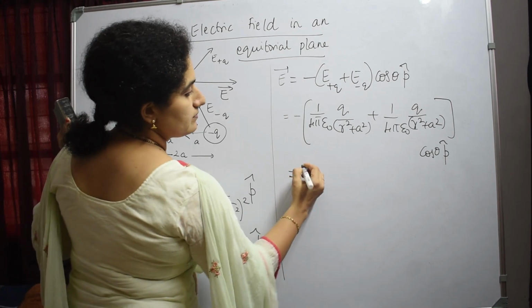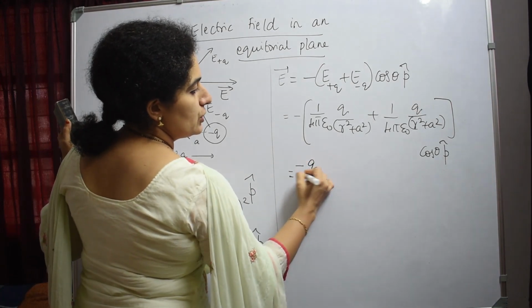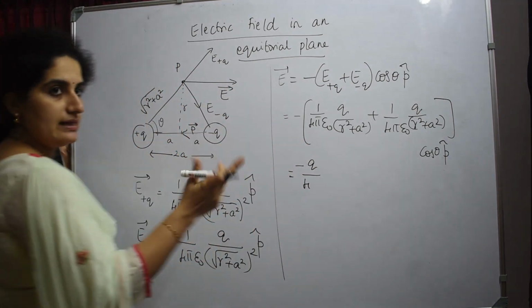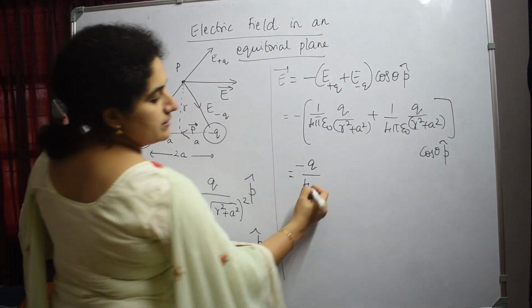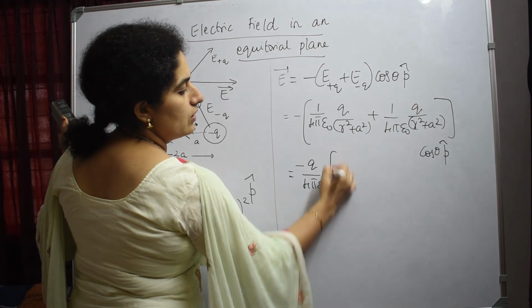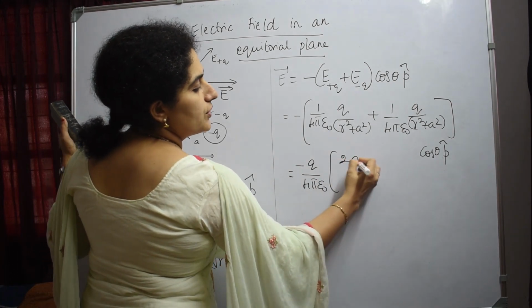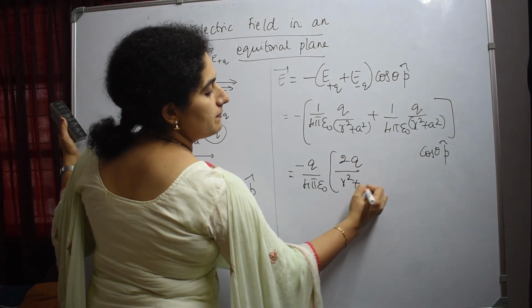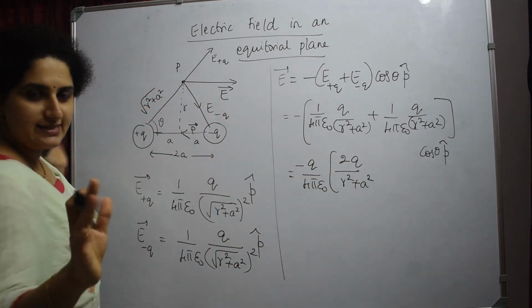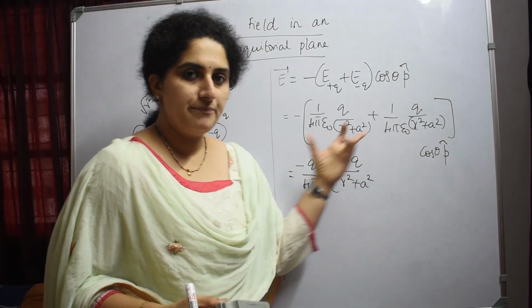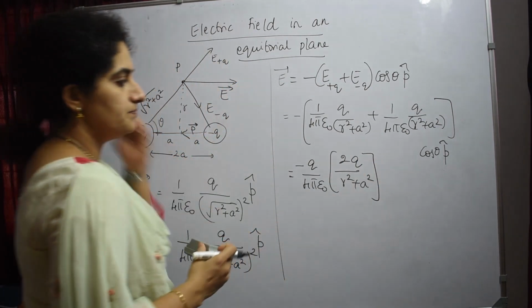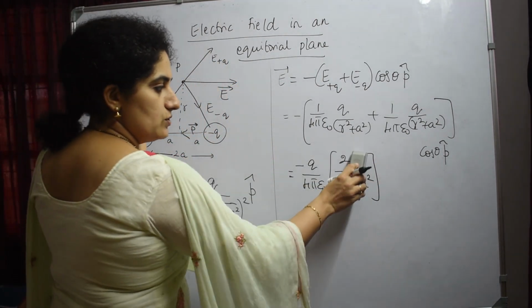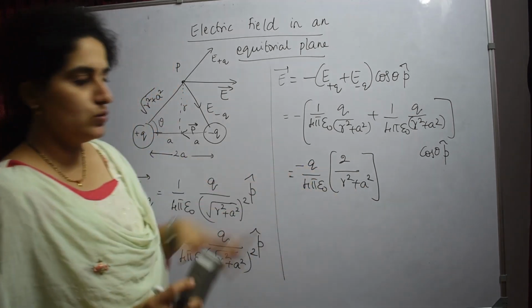So now, minus in total, because it is opposite to the direction of the dipole moment. So 4 pi epsilon naught, 2Q divided by R square plus A square. No need to take any LCM here. Both denominators are the same. Q I have already considered, so 2 we will write.